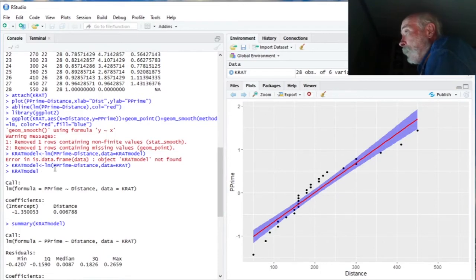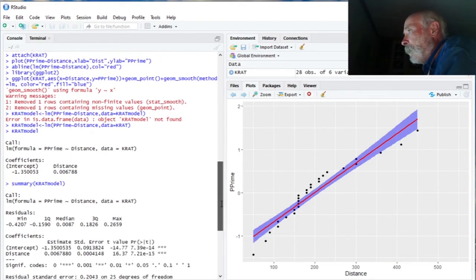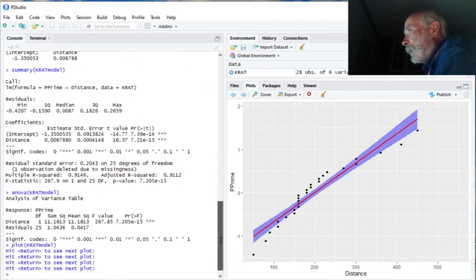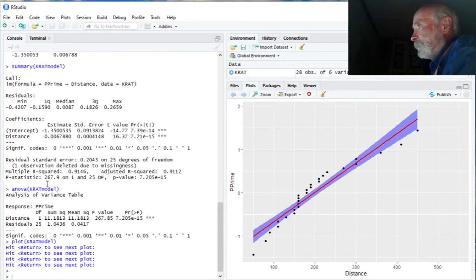All right, so now I ask for the krat model, so the linear model P prime is a function of distance, and there it is. It gives me the intercept and the slope for distance. I can then ask for the analysis of variance of that, and here I get my ANOVA table, and I can see clearly that the relationship is significant.